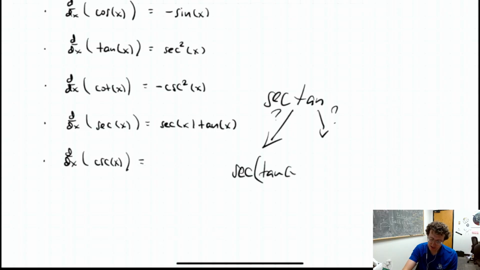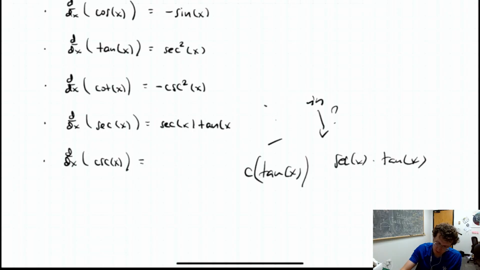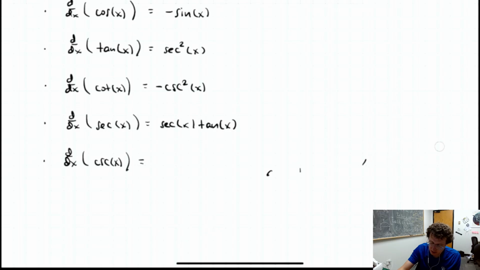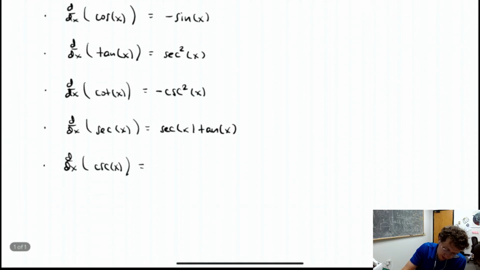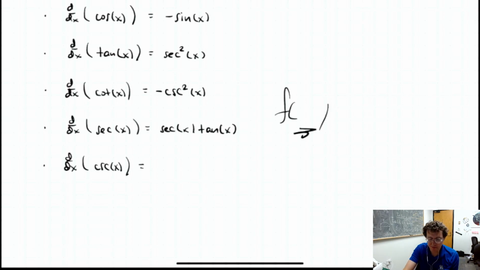Do you mean secant of tangent of x, or do you mean secant of x times tangent of x? So always write the of x when you have trig functions. Any kind of function, really. Not putting the of x is kind of like writing f of, but not actually putting anything inside the parentheses.